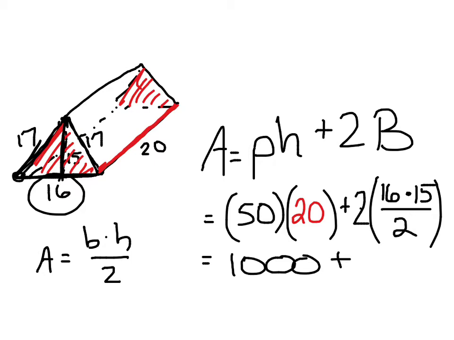So you took 16 times 15 and then divided it by 2? Okay, so then times yours by 2, and what do you get? You get 240? Okay. And then to find the final answer, if you add those together, what's 1,000 plus 240? 1,240. Okay, that's the triangular prism.